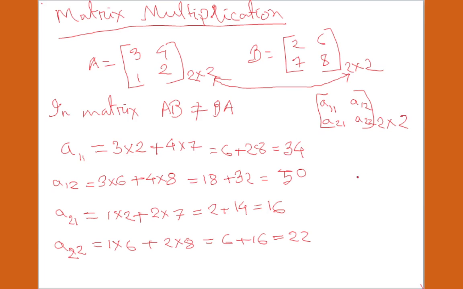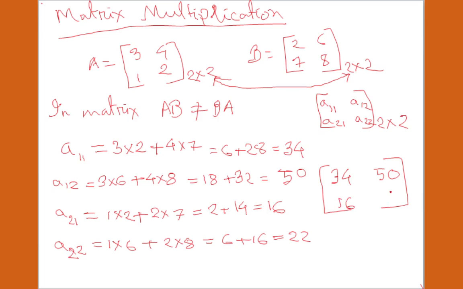So therefore the final matrix will be A11, that is 34. A12, that is 50. A21, that is 16.